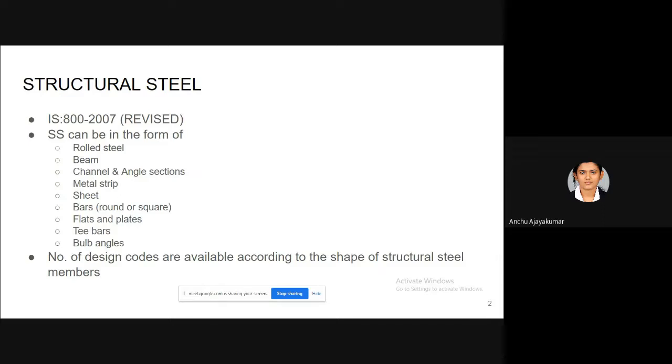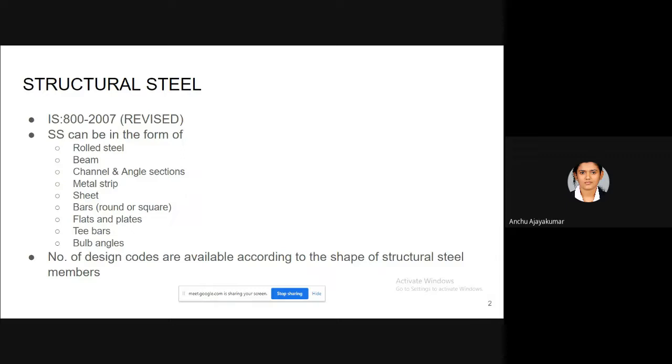The basic requirement for any material is a standard code. For structural steel, we are using Indian Standard IS 800:2007, the revised version, as the code we refer to. I think you might have used this code in your structural steel design. This is the code which we regularly use.